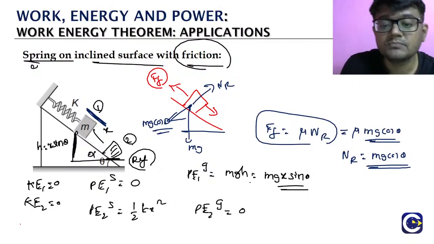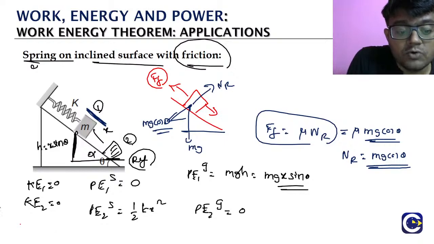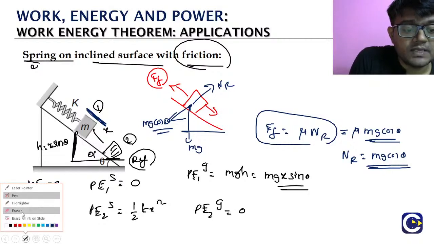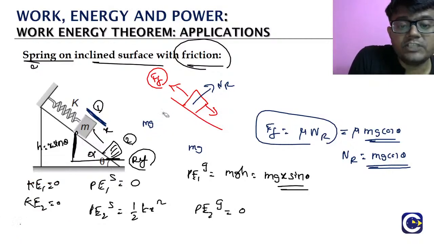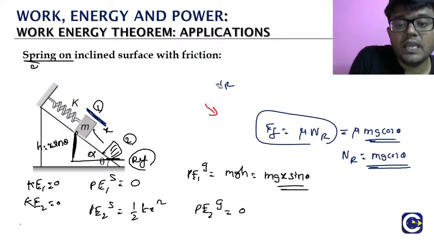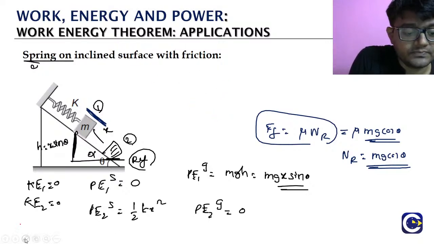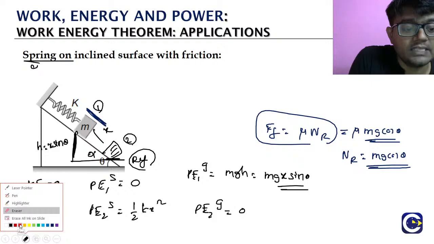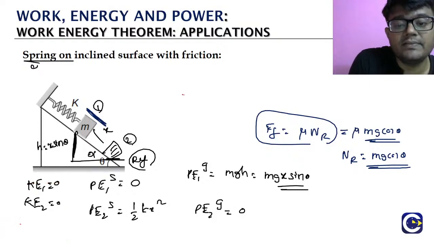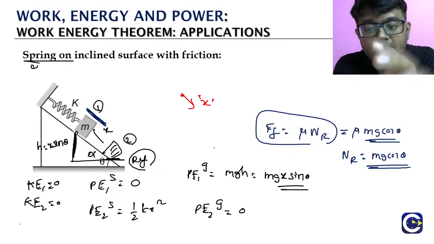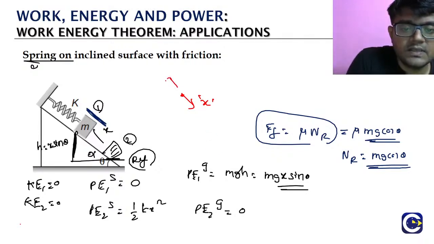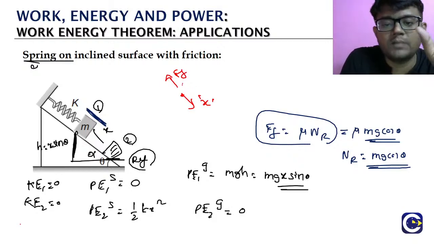இப்போ பாருங்க, the block is moving along the plane downwards. எப்படி மூவ் ஆயிட்டு இருக்கா? The block is moving along the plane downwards. But friction is acting along the plane upwards. So அந்த ரெண்டுக்கு நடுவுல what is the angle? What is the angle between them? So displacement of the block எப்படி இருக்கா along the plane downwards x, frictional force is along the plane upwards.